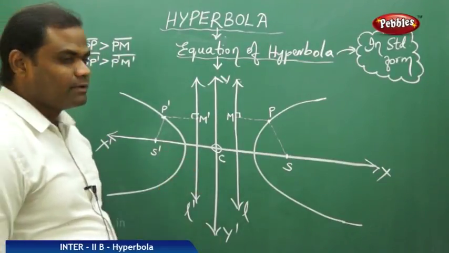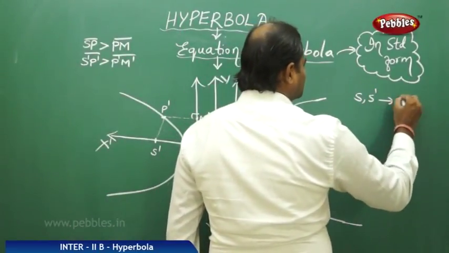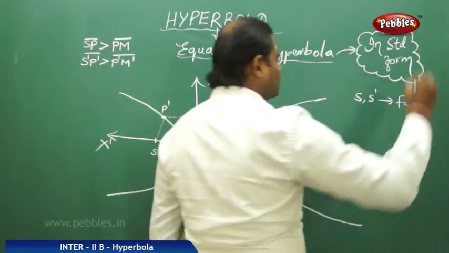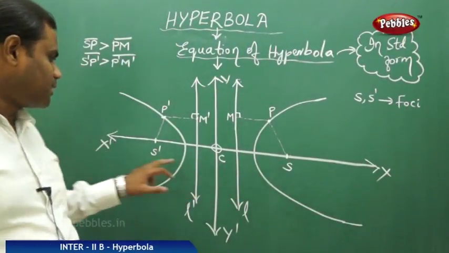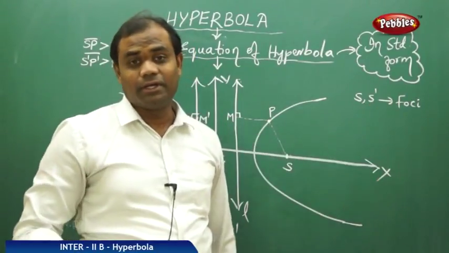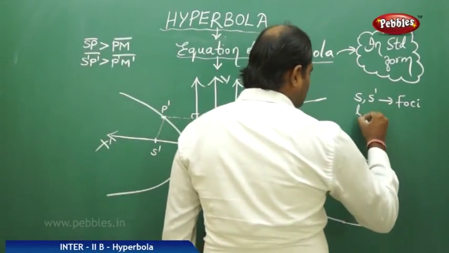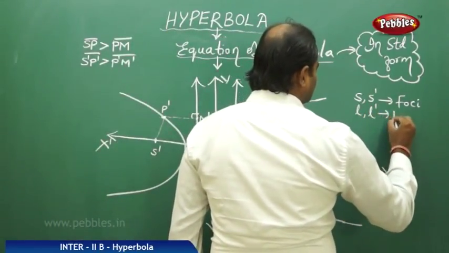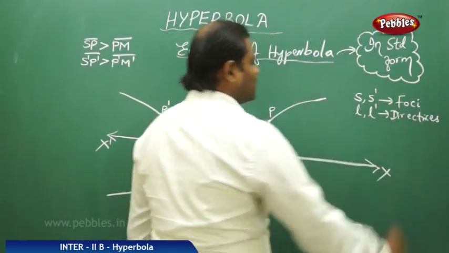With this, we identify that S and S dash are called the foci of the hyperbola, the plural of focus. S is a focus and S dash is a focus, and S and S dash are the foci of the hyperbola. L and L dash are said to be the directrices of the hyperbola.